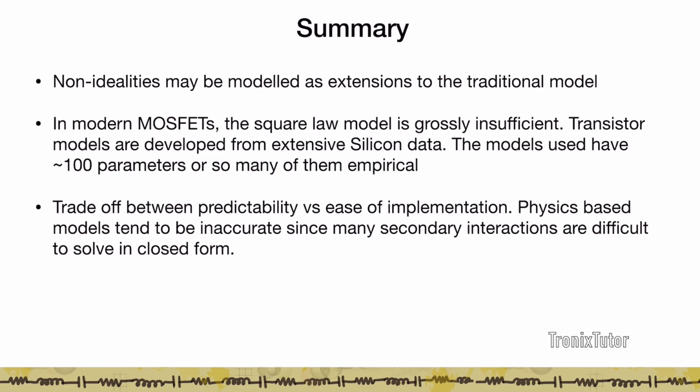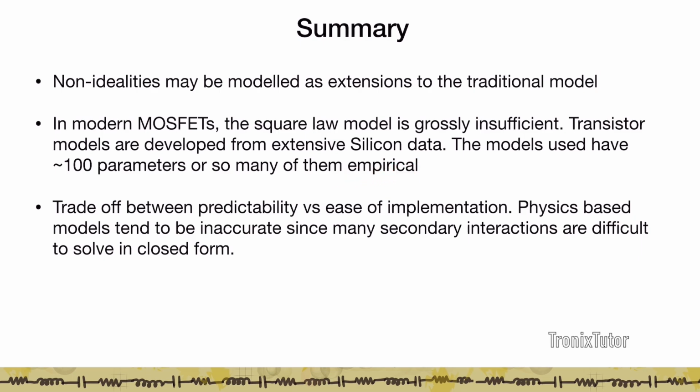In modern MOSFETs, as I've mentioned time and again, the square law model is grossly insufficient. And so normally when you work in this field, transistor models are developed from extensive silicon data, and they have a lot of parameters, and many of them are empirical. What I mean by empirical is they are not necessarily physics based, but rather based off experimental data.